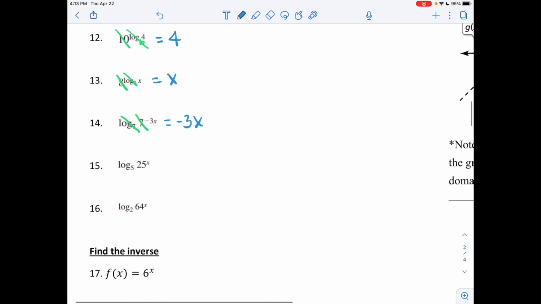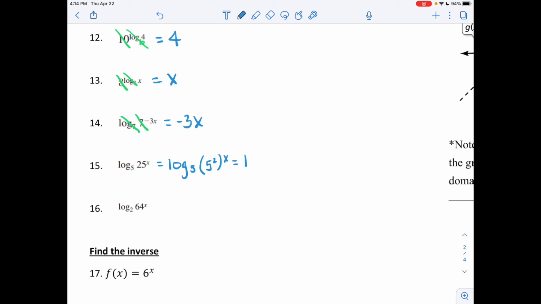Okay, this next one's a little different because I have log with a base 5, but then my exponent function has a base of 25. However, I could rewrite this. So I'm rewriting this as log base 5, and then 25 could be rewritten as 5 squared, and then that's to the power of x. Well, this is the power of a power rule, and remember powers multiply.